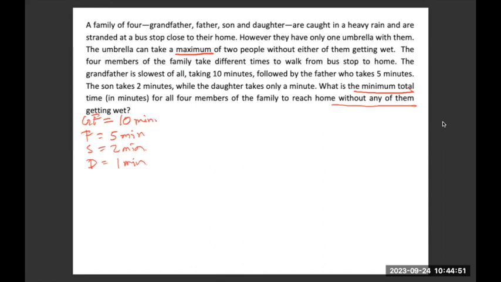All right, let's solve this. So in this case, we know we have to find the minimum total time taken by all the 4 members. In the first situation, the grandfather, father, son, and daughter are at the bus stop, and they have to reach home.